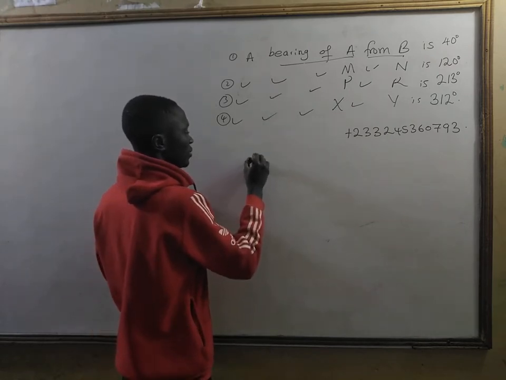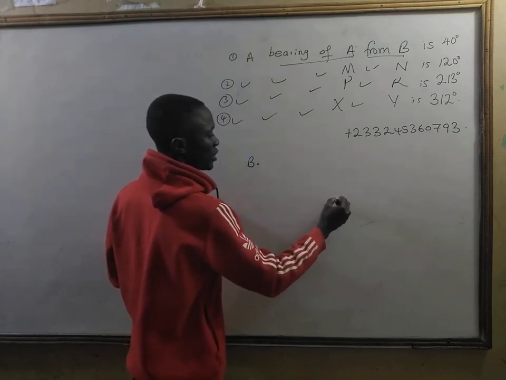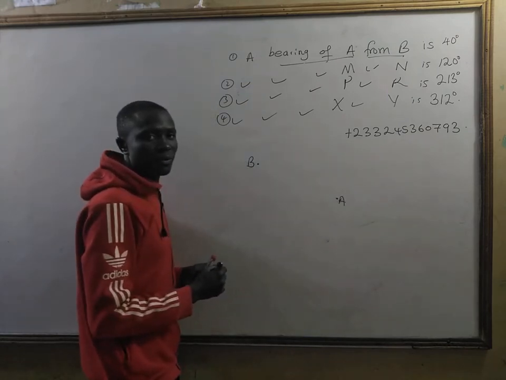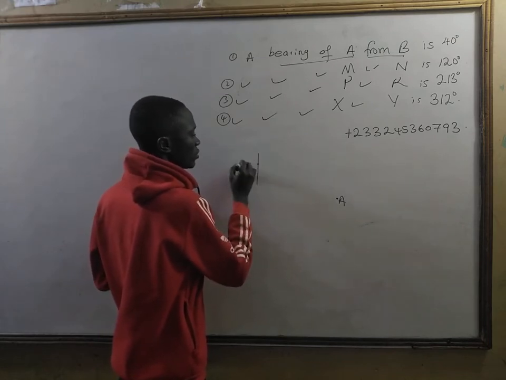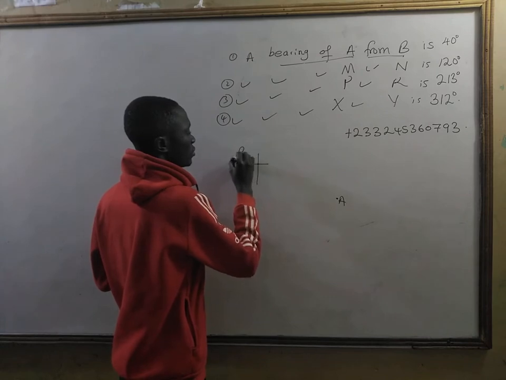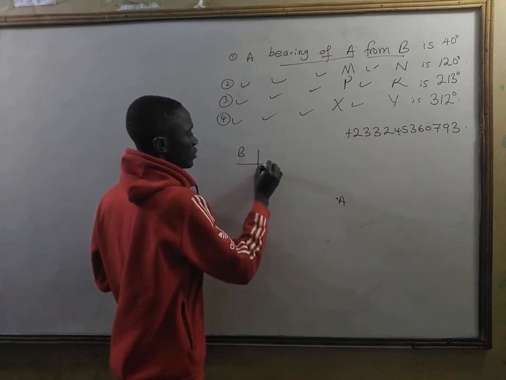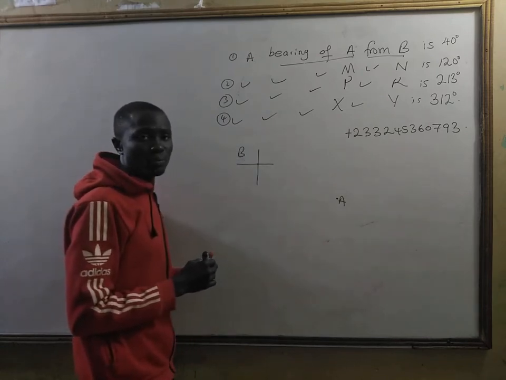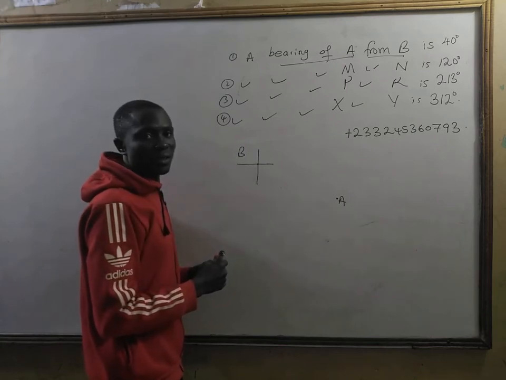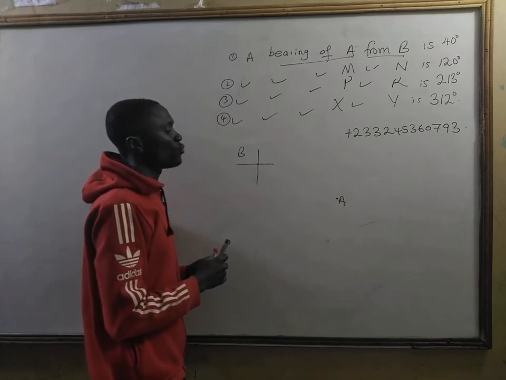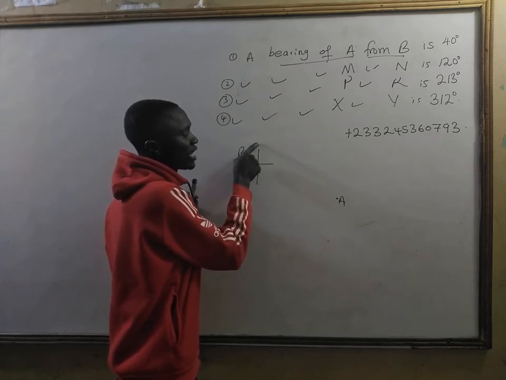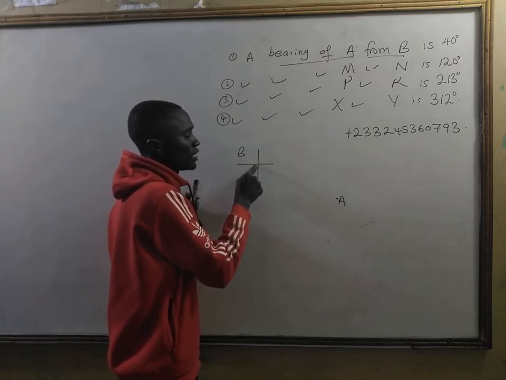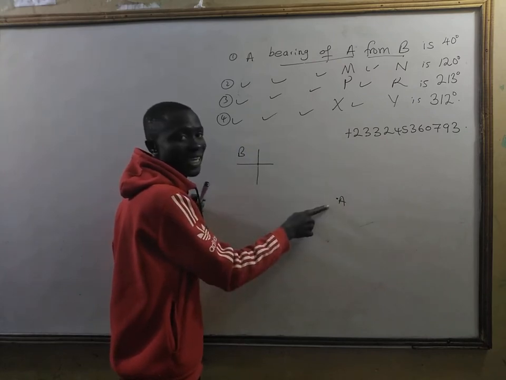This is point B and this is point A, right? If I draw this at point B, then I have to measure an angle from the geographical north of point B to point A. That is what it means.